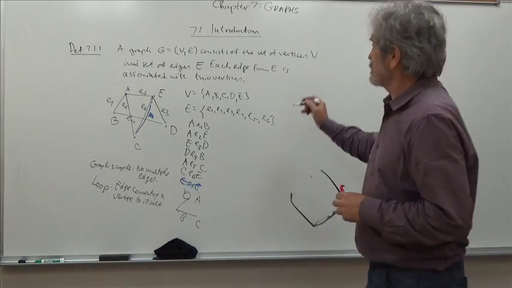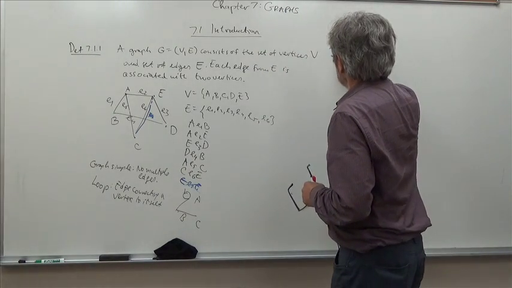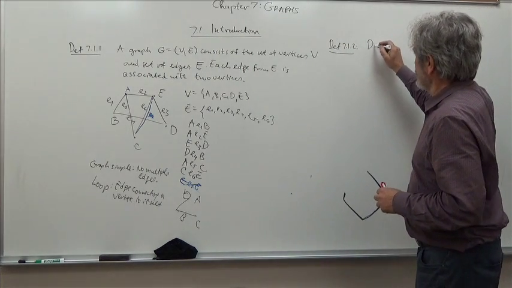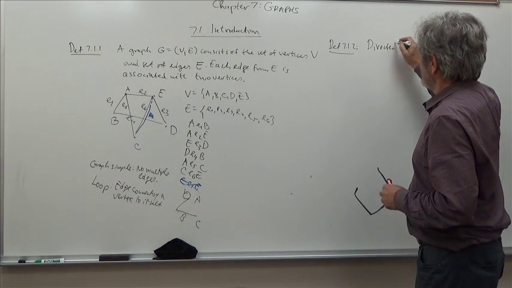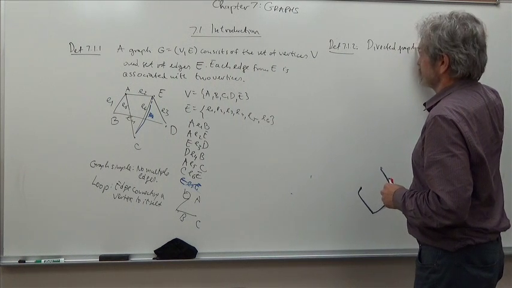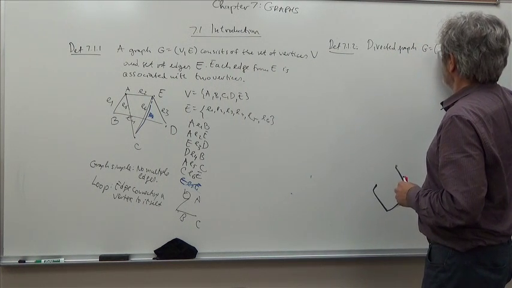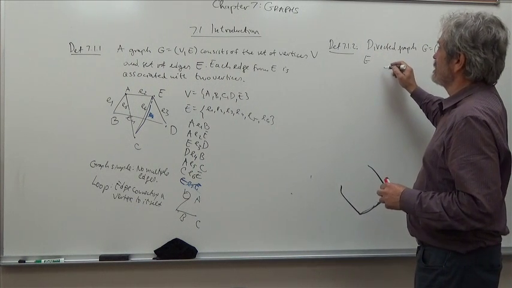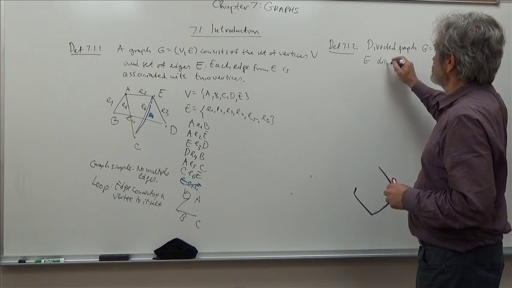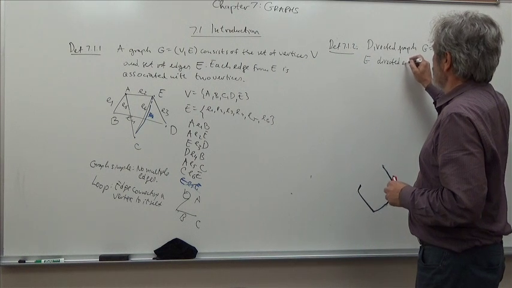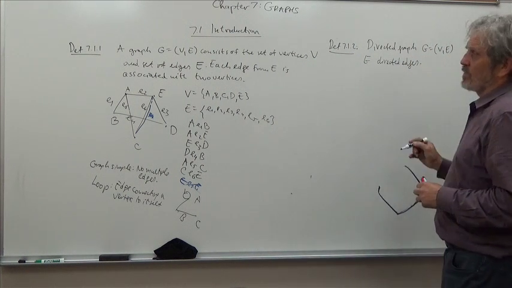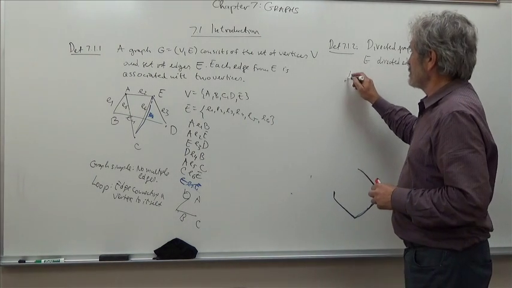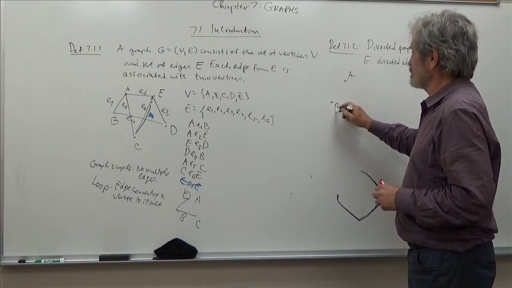In definition 7.1.2, we talk about a different type of graph: directed graphs. So a directed graph is G equals (V, E), but in E we have directed edges. What does it mean? It means that the vertices are connected in one of the directions or both.